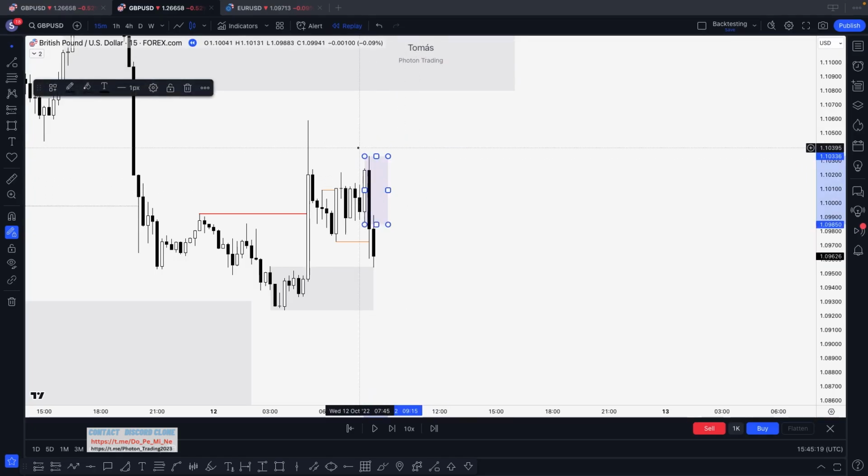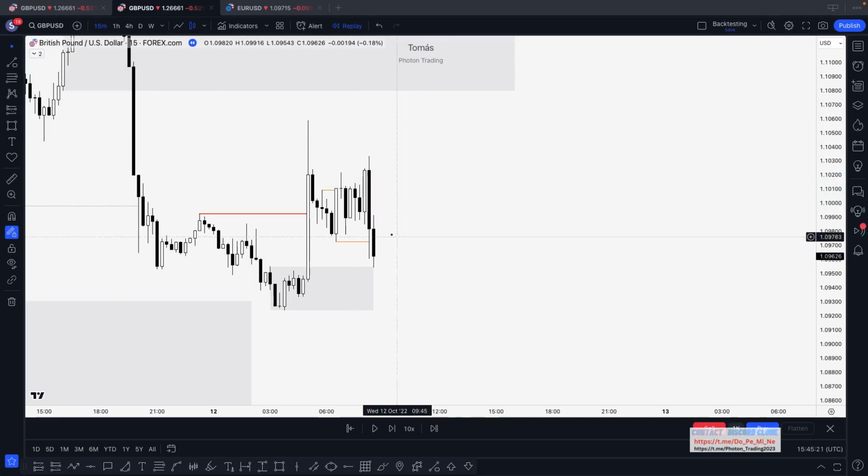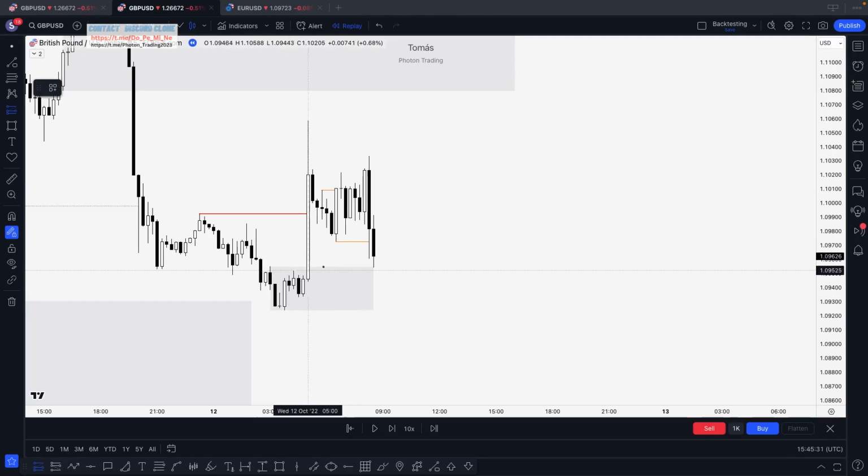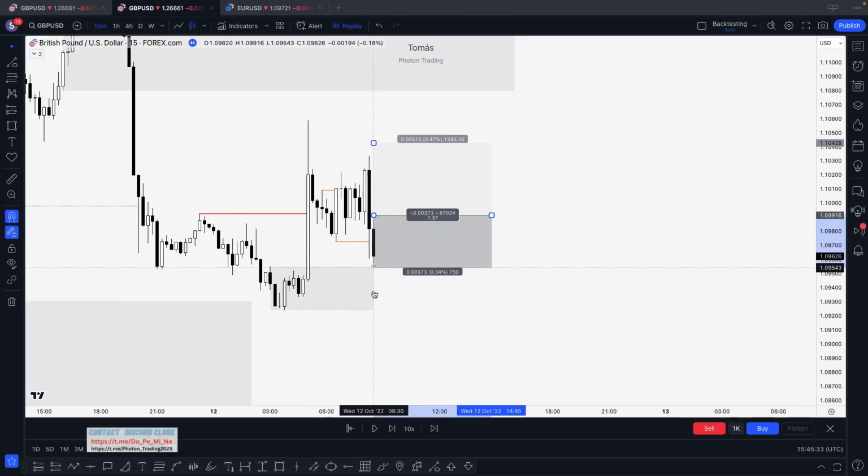I personally just delete this, and as long as the liquidation candle was not formed yet, I'm still happy to get involved, especially as a medium time frame POI is now mitigated.